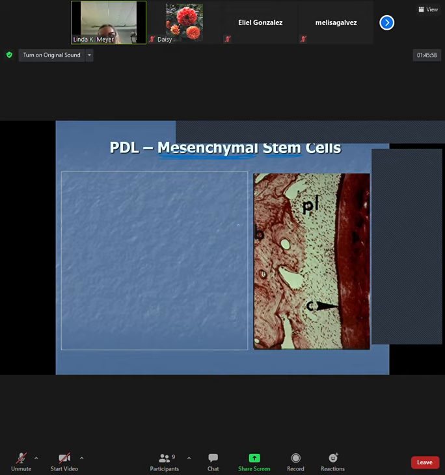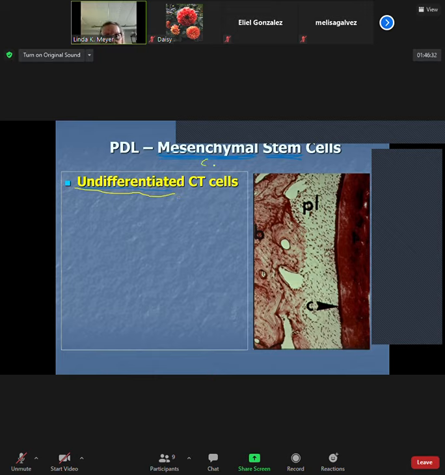Just think of them as being like reserve cells. So let's say we have our normal cells, fibroblasts or osteoblasts, and they become injured. These cells can be on reserve or triggered to replace them. So these are non-specialized cells. They're what we call undifferentiated cells. They haven't become a specific type of cell yet. They're in the connective tissue line.